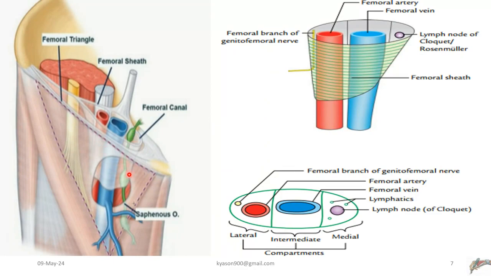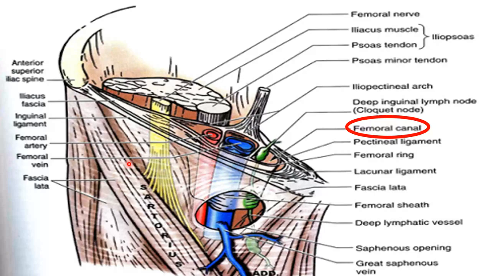So you can see it's like a sleeve wrapping around the vessels and the lymphatics. This image is showing you the same story. The whole of this that you see here is the femoral sheath. The lateral compartment has the femoral artery. The middle has the femoral vein. The medial has the lymph nodes and some lymph vessels, and it's called the femoral canal.